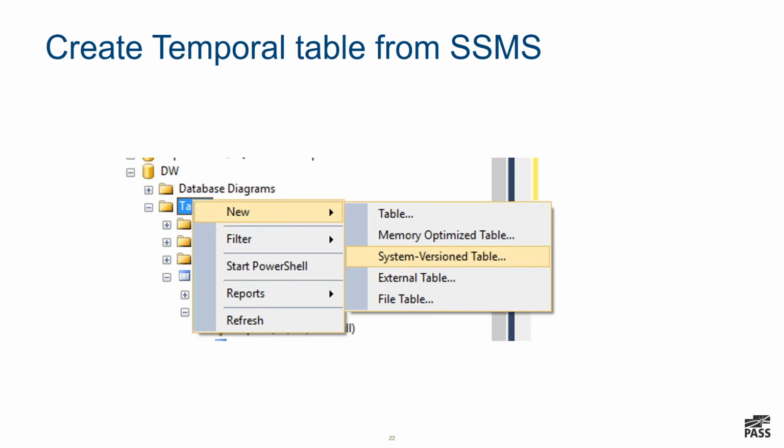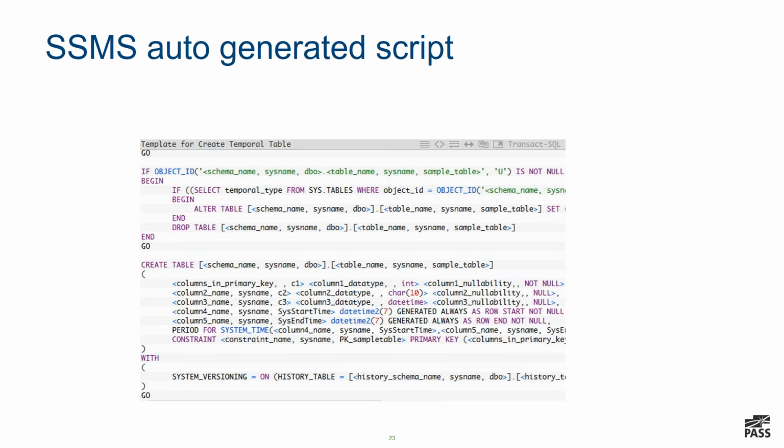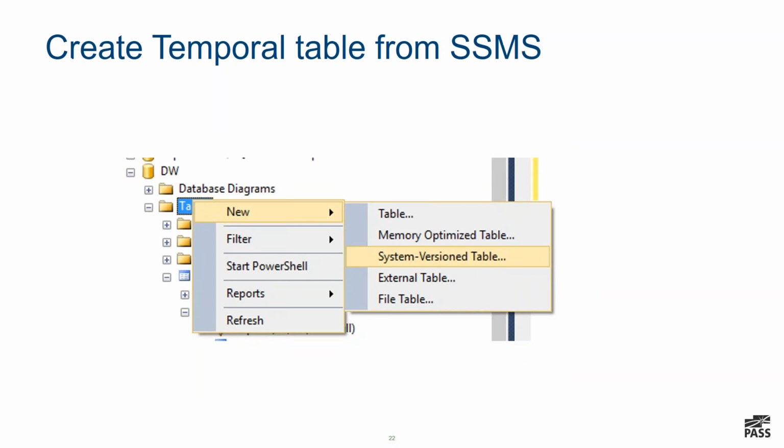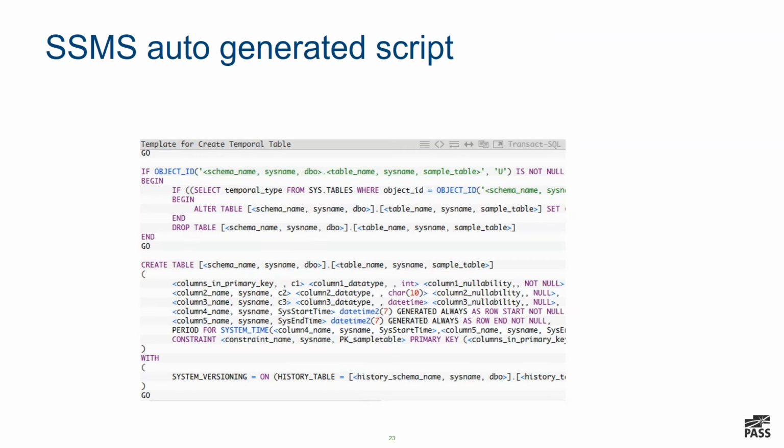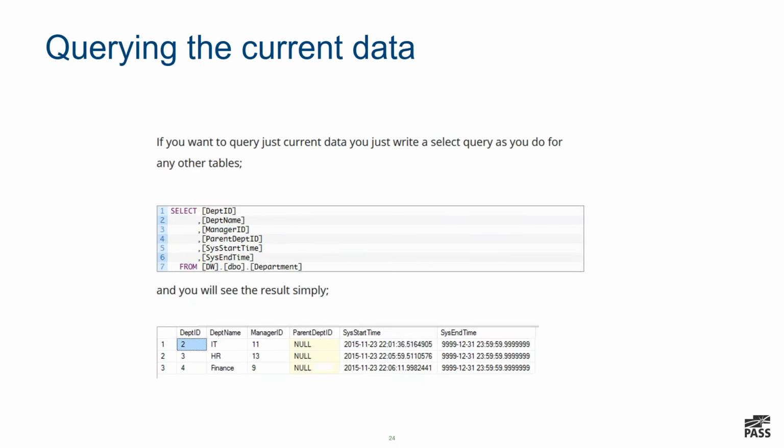It is easy to create temporal tables from Management Studio: you can right-click on Tables, New, System-Versioned Table, or you can write a script for that. If you create system-versioned tables from the graphical interface, it will automatically generate this script for you, and you can replace it with the items that you want.